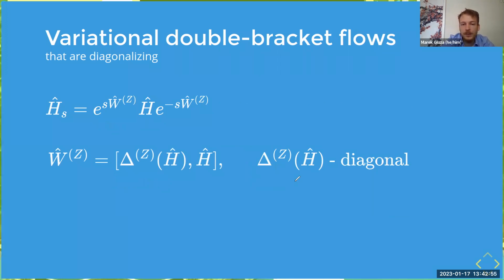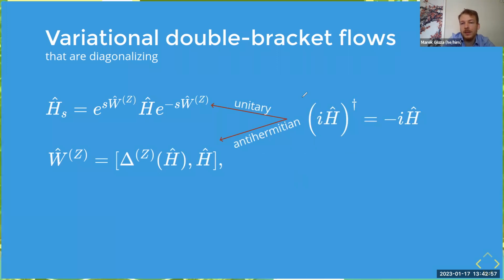And I can always do this because for regular Hamiltonian evolution, we always have e to the minus i t h. And now this i times h actually is an anti-Hermitian matrix. So as long as I take an anti-Hermitian matrix, this will be unitary.